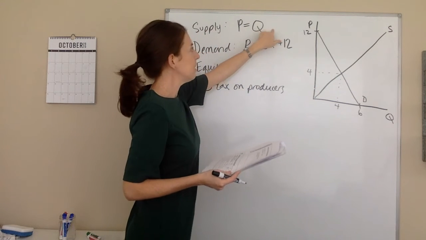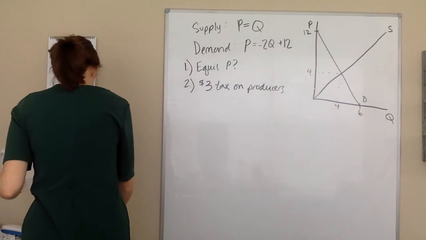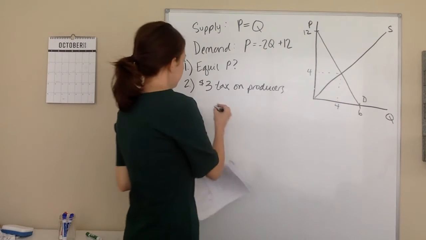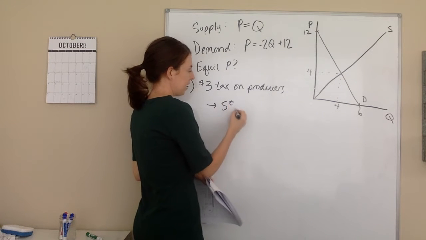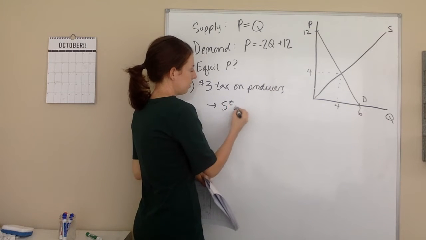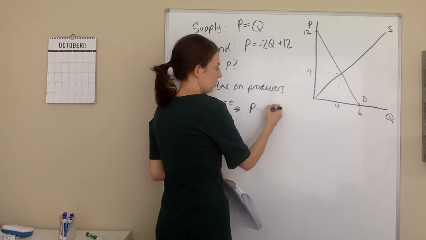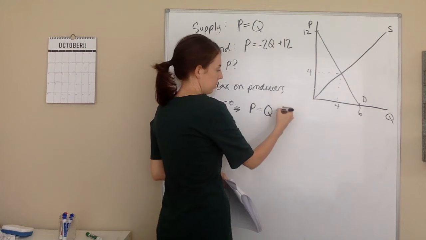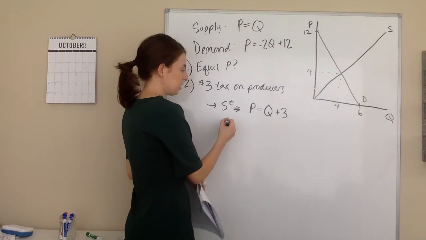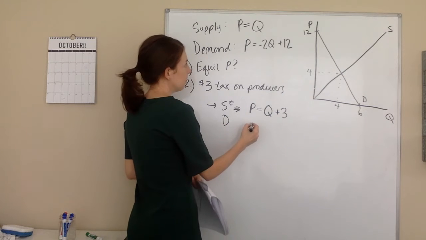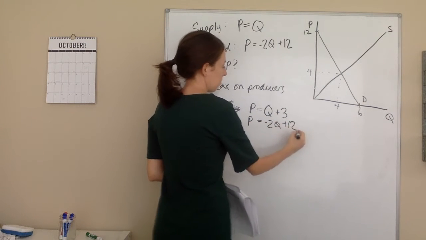And so the 0 out here needs to have a 3 added to it. So what you'll get is that the new supply under the tax is going to be price equals quantity, again the slope didn't change, plus 3. And the demand doesn't change, so the demand is still price equals negative 2Q plus 12.